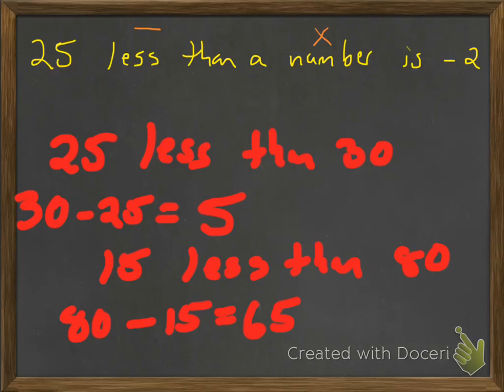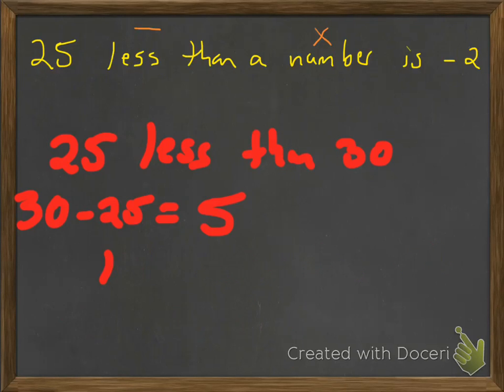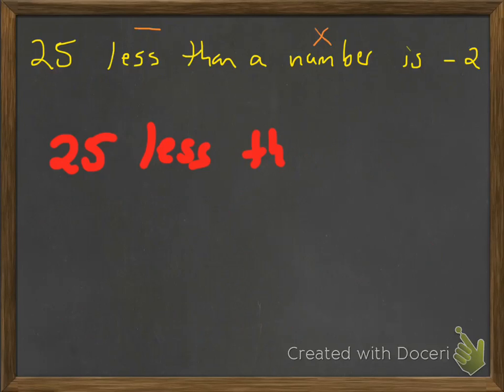So if you end up doing 25 minus x for this one, you're not going to get the correct solution. And just remember, when you see the words less than, that's going to switch. And if you need help remembering, just pick a number for x and imagine what 25 less than that number is, just like we did here. Okay. So less does mean subtract, but it's backwards.